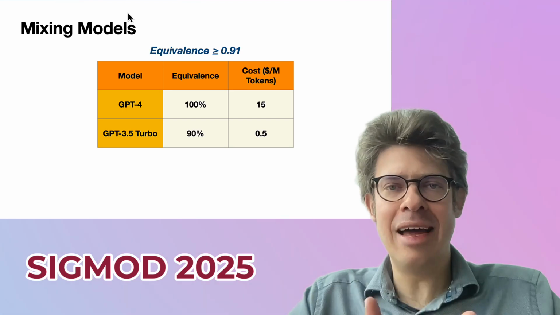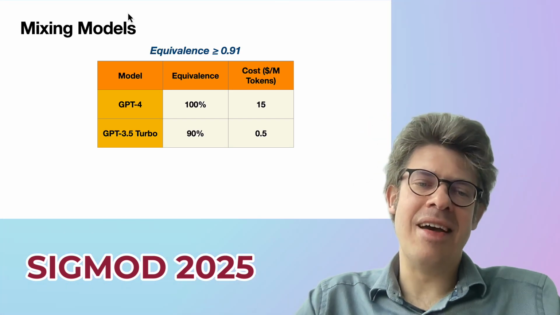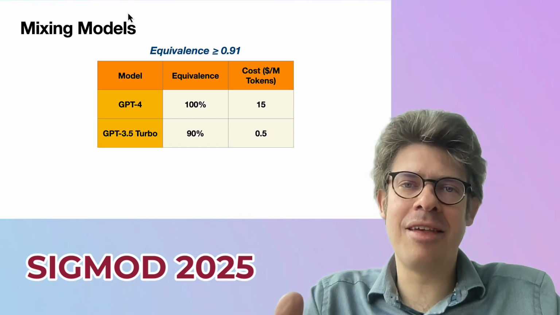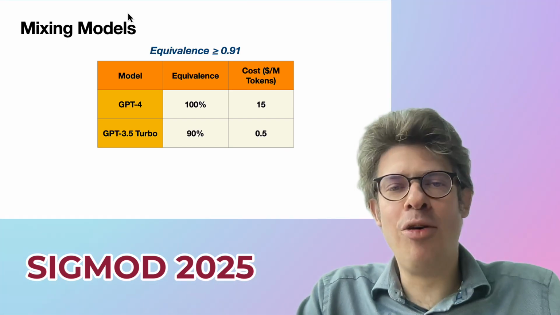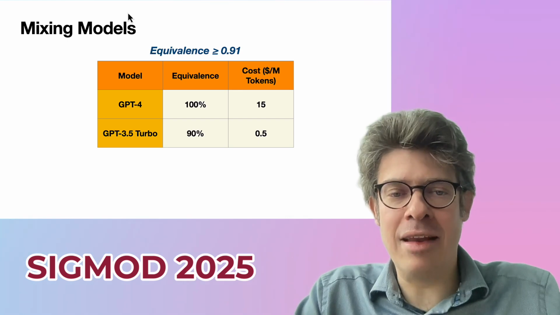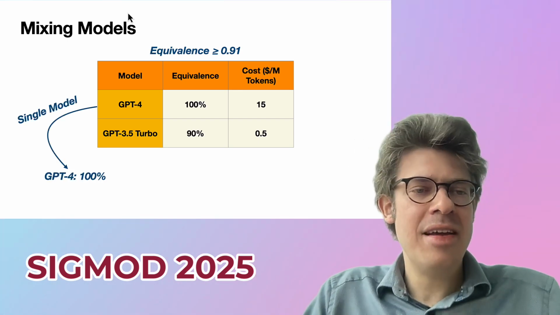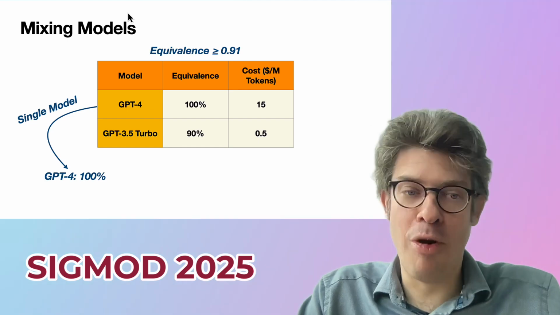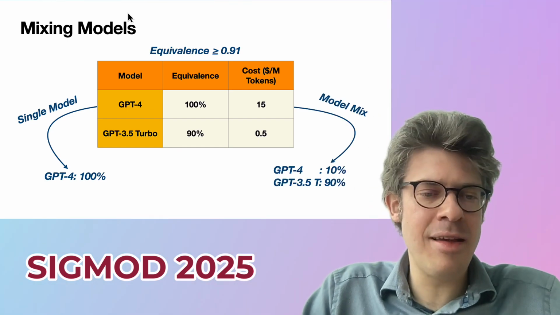So ideally we would like to use the GPT 3.5 Turbo model, but the number of cases in which it produces the reference output is slightly below the equivalence constraint. So if we had to select one single model, that would have to be the GPT-4 model, which produces the reference output in all cases.